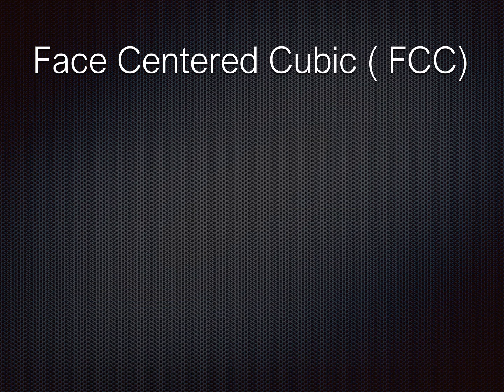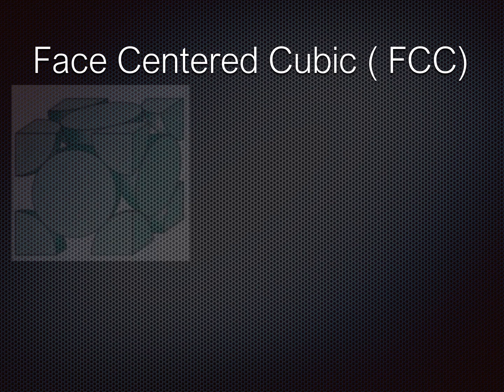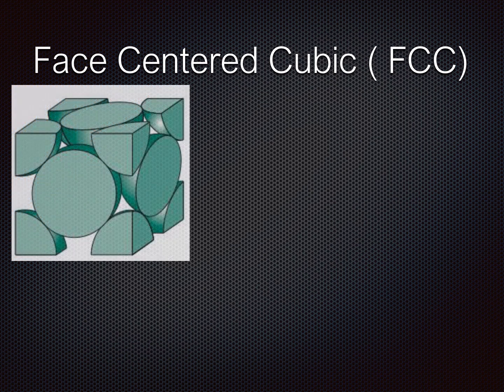The second type of space lattice encountered in metals is face-centered cubic or FCC. In FCC structure, in addition to an atom at each corner of the cube, there is one at the center of each face, but no atom in the center of the cube.